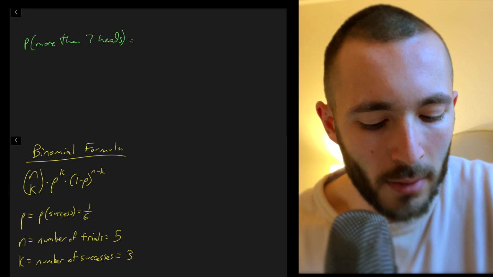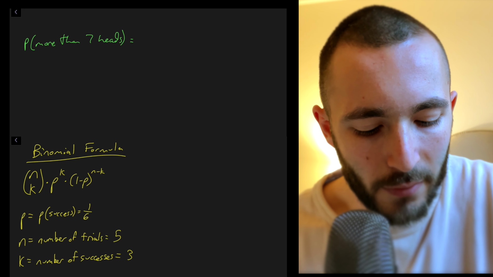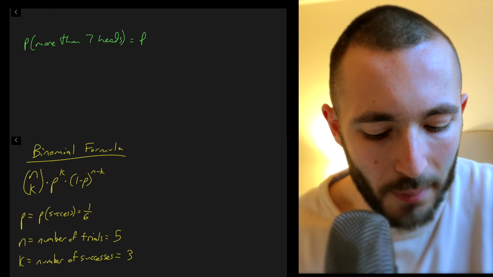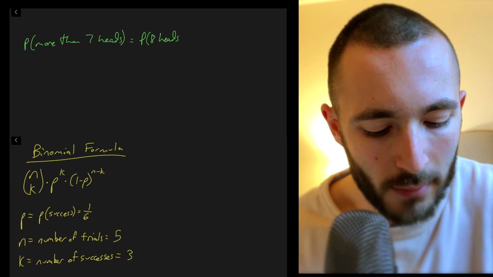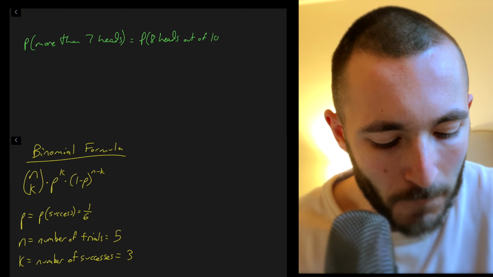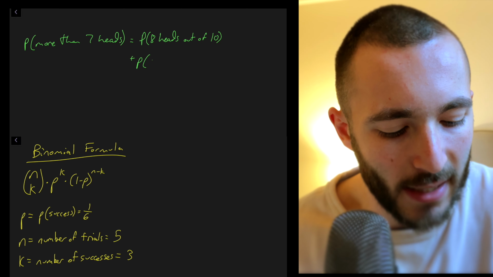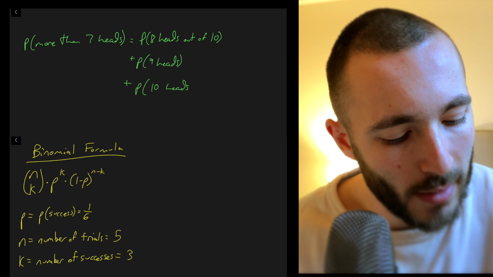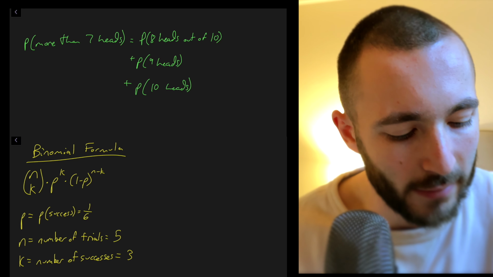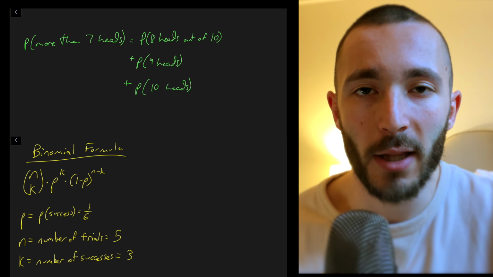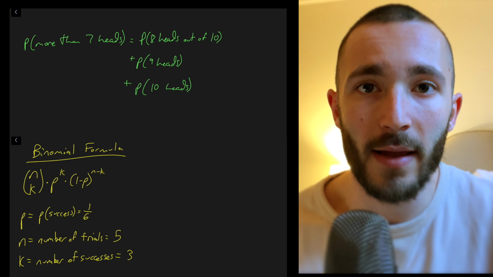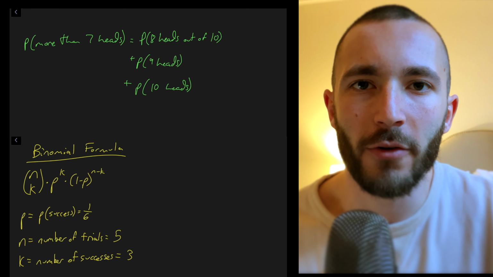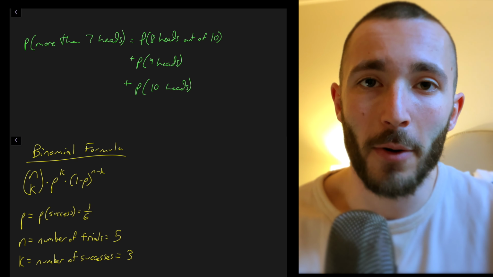So the way we would do probability of more than 7 heads is we would need to do probability of 8 heads out of 10 plus probability of 9 heads plus the probability of 10 heads. And each of these gets its own binomial distribution formula. So you would have to calculate each one of these things independently and then add their results at the end. So that one is a little bit more involved, which is why I chose not to do that one in this video. I would be happy to do that one in another video.